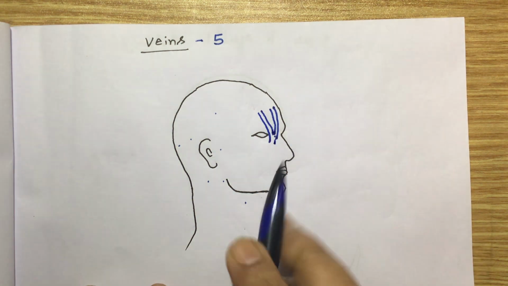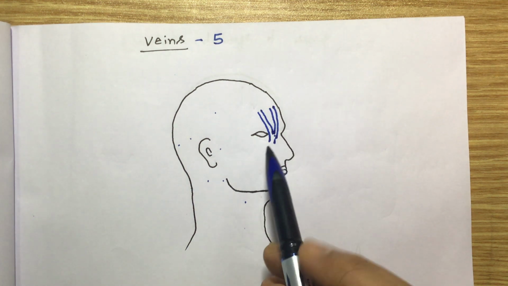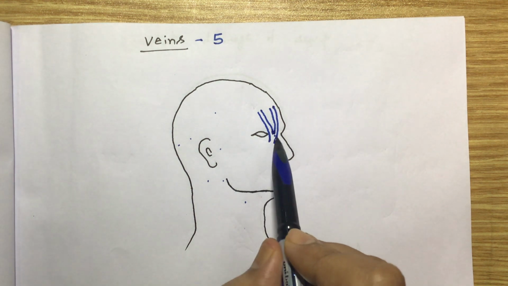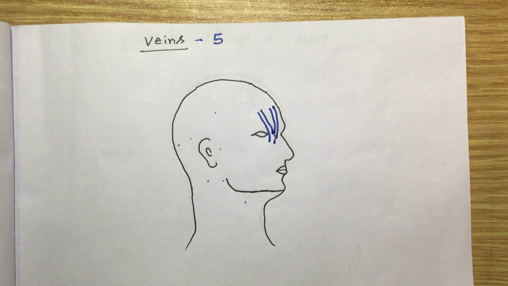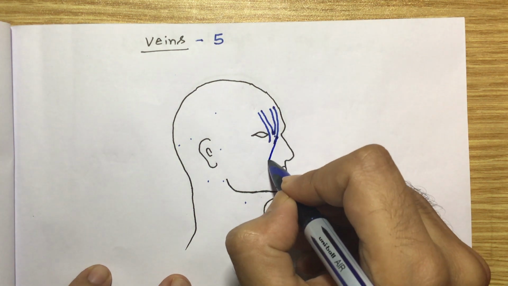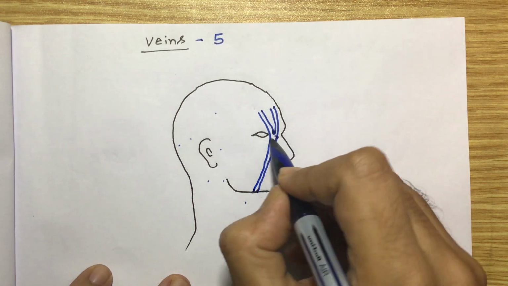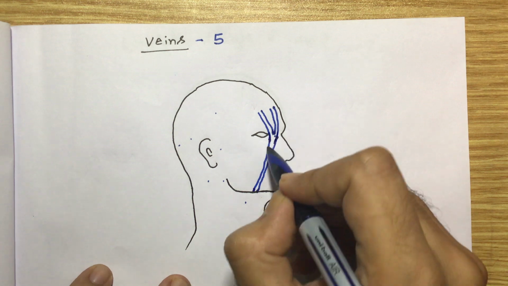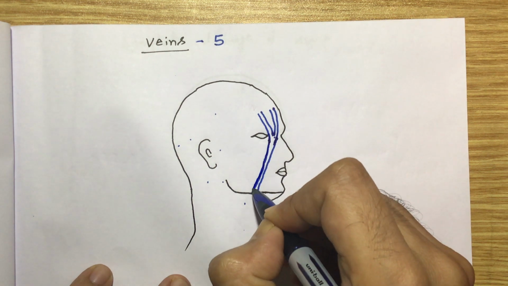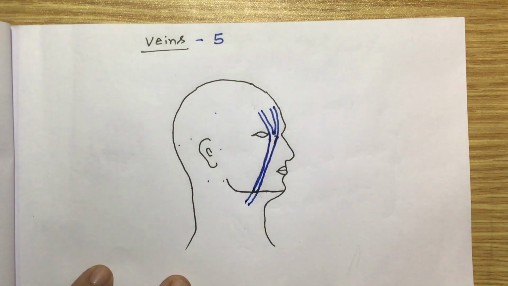These 2 veins unite at the medial angle of the eye, and now it is known as the angular vein. And that angular vein descends downwards now as the facial vein, like this.